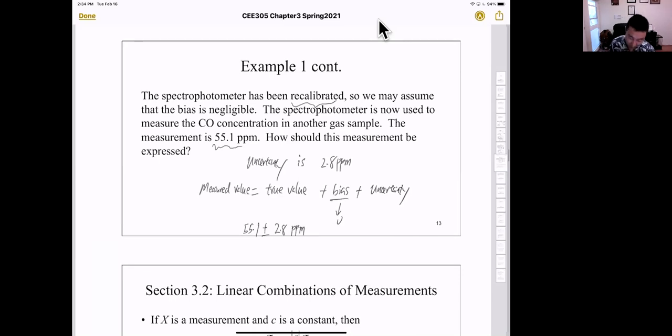So pay attention, we use plus minus here. The uncertainty is 2.8, and we use 55.1 plus minus 2.8 ppm to describe the measurement.